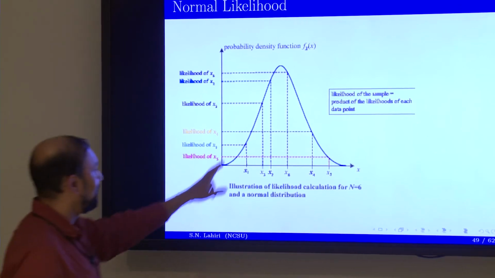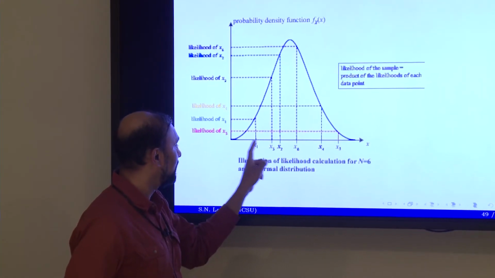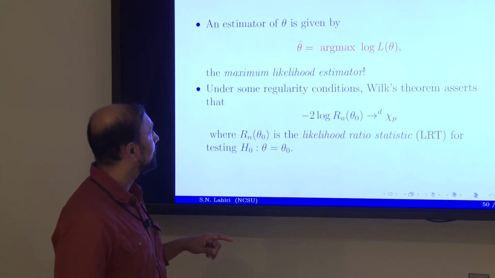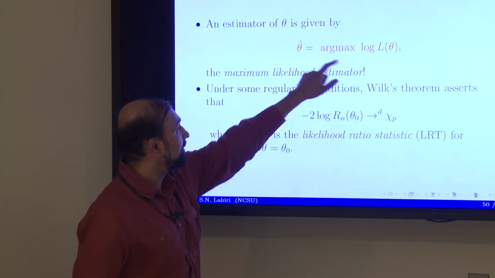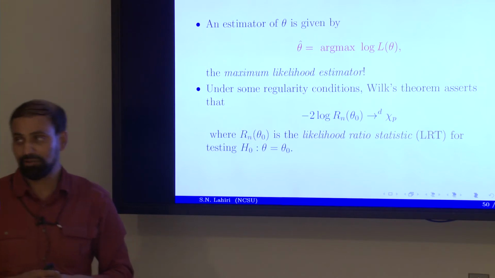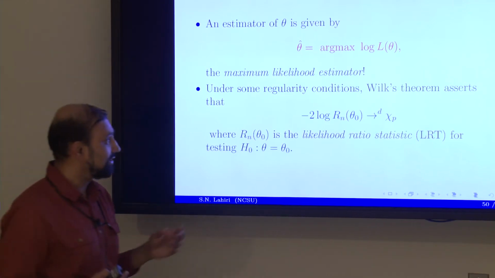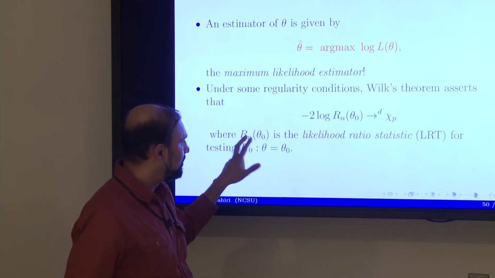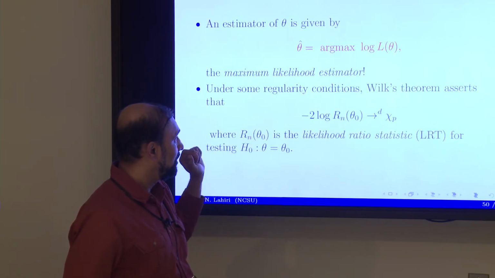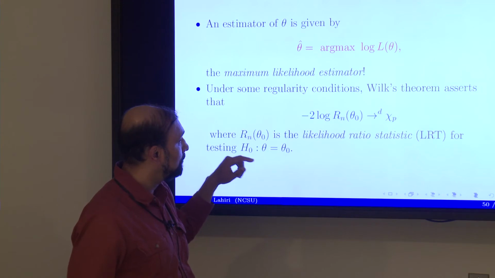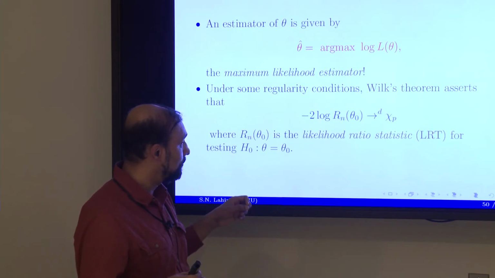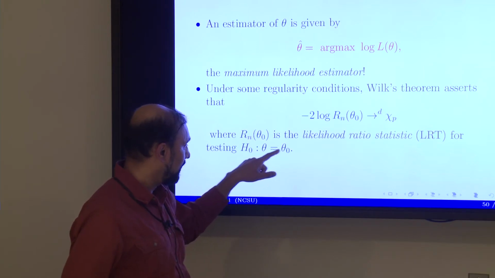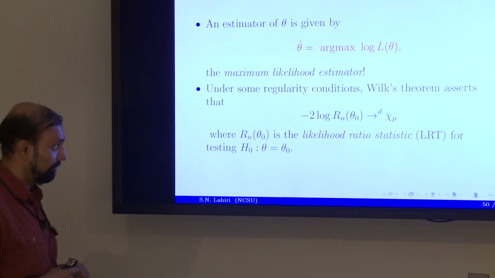So this is the normal PDF. You have observations, you evaluate all of those, multiply them, that will give you the likelihood function. And if you maximize that, that gives you an estimate of the parameter. And some standard result says you have to look at the likelihood ratio statistic, which essentially compares the likelihood function over all possible values of the parameter and also at the hypothesized value theta equal to theta naught.